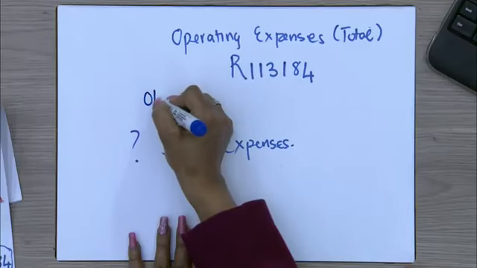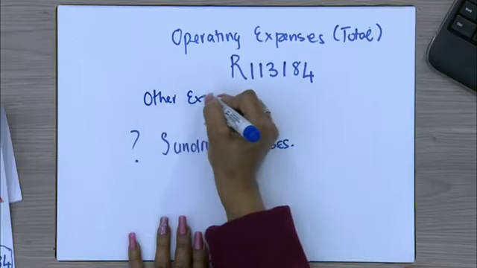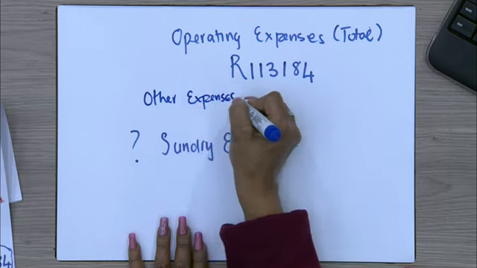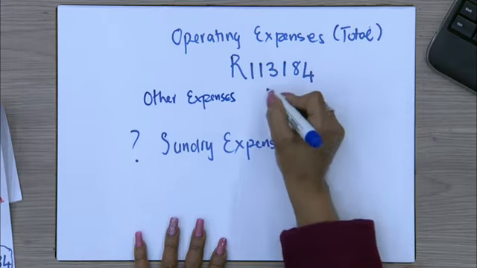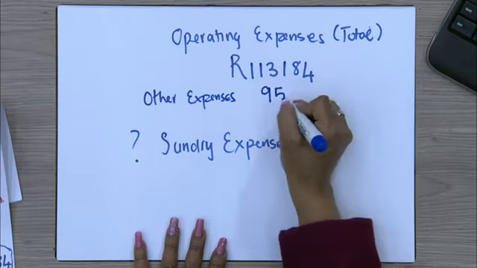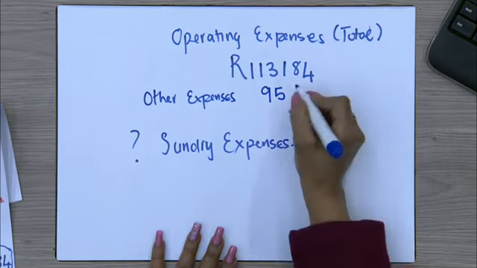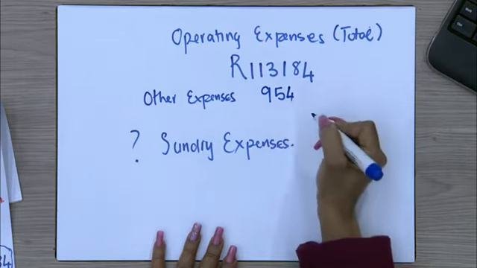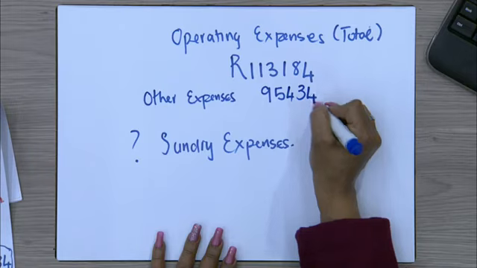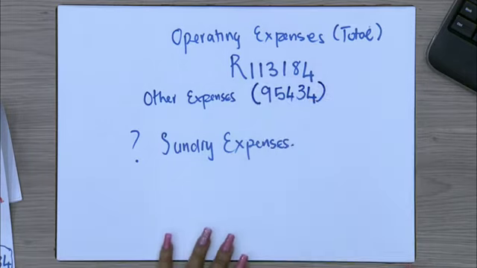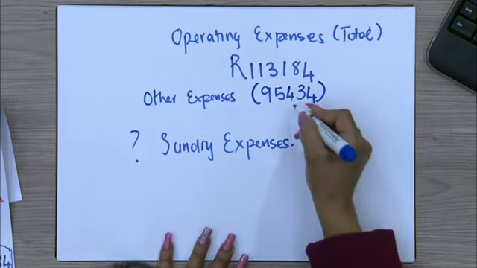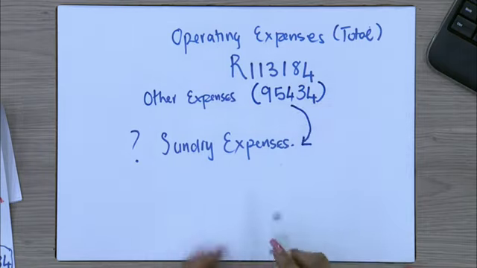So I will say all my other expenses add up to a total of 95,434 rand. So I will deduct those two from each other, and you should come to the figure for sundry expenses, because that was my missing figure.